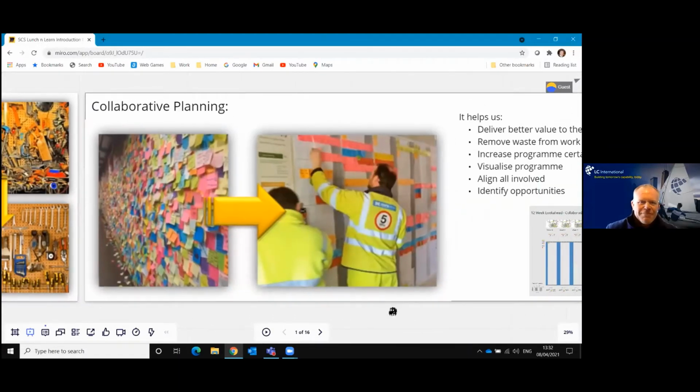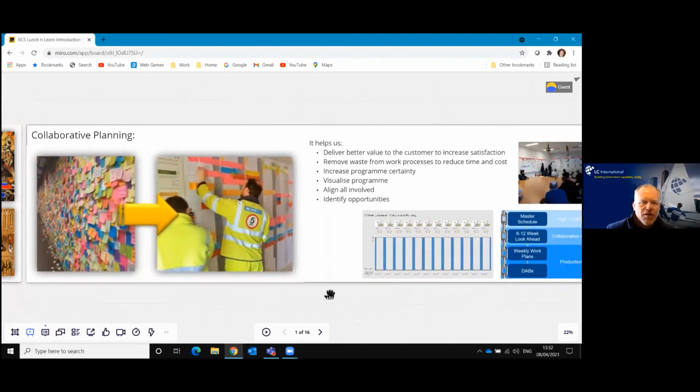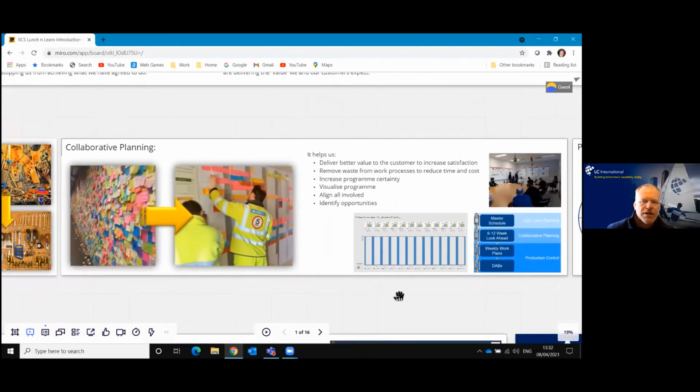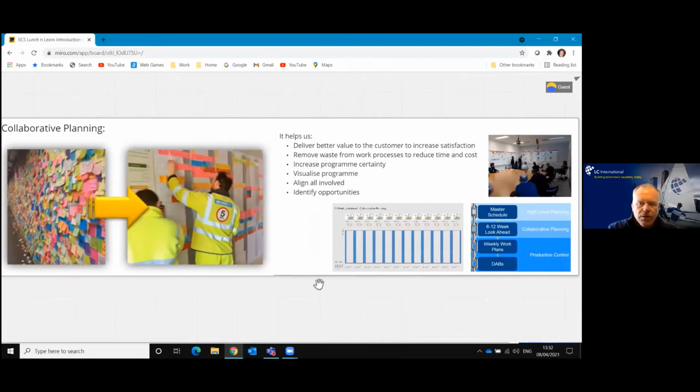So, collaborative planning. Collaborative planning is our method of working together across our supply chain. It's about taking that master schedule plan and breaking it down into smaller buckets of activity. This is where we can start to create commitments across our team to understand what we plan to do, what's actually happening, and whether we have made the commitments to ensure that the project is moving at the rate we expect.